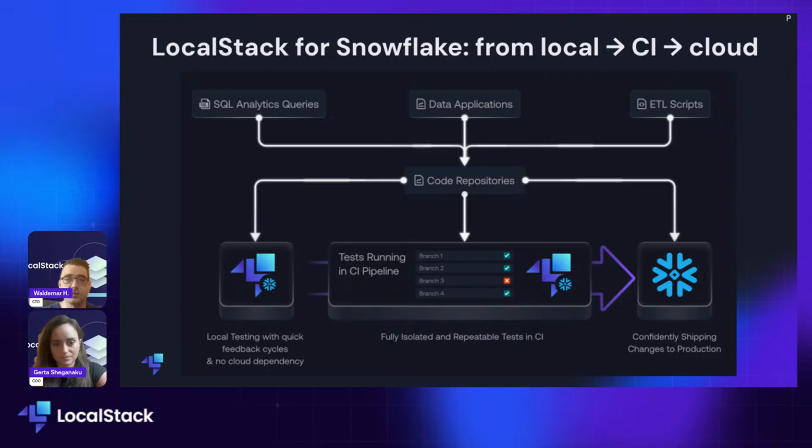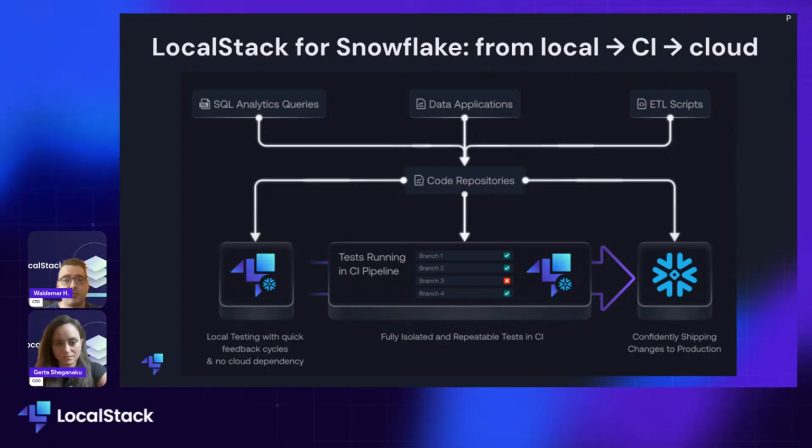And then it's also very easy to translate the whole setup into a CI pipeline, running your tests there. If you have things like automated tests that run some data transformations and then run some assertions at the end, it's a very repeatable process, and you have these isolated test sandboxes. And then once you're happy with the changes, you can be confident in shipping changes to production without the risk of breaking things in the environment.